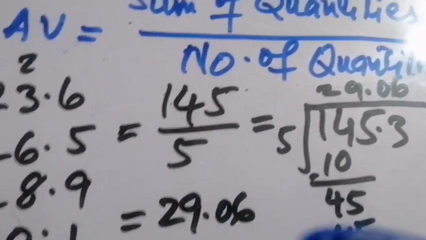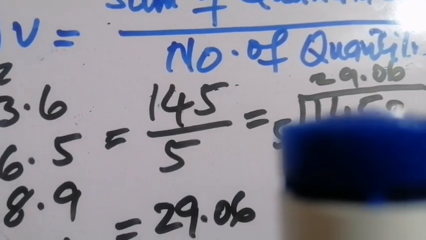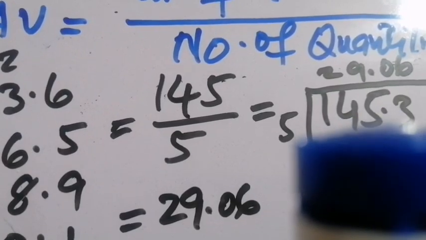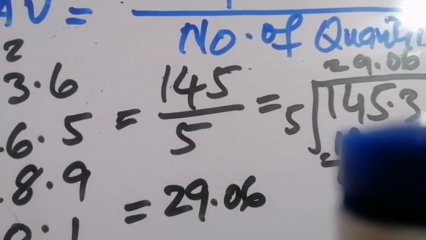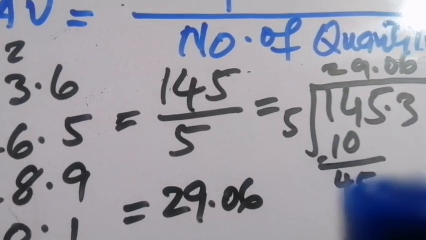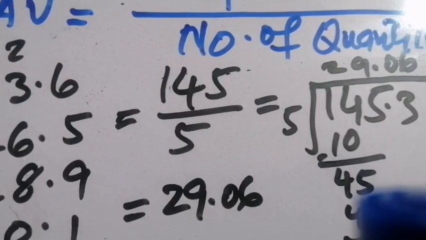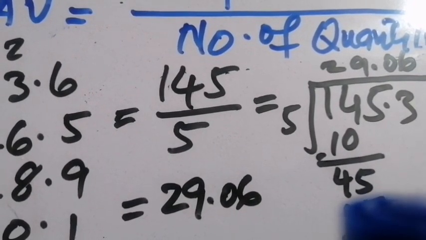How do we divide it? First we will take the first two digits, 14. So 14, we will read the table of 5 up to 14 or less than 14. 5 2s are 10, and when we subtract, 14 minus 10, it will become 4.